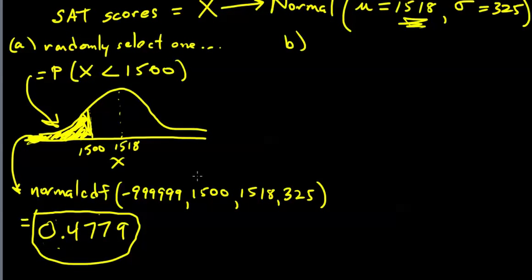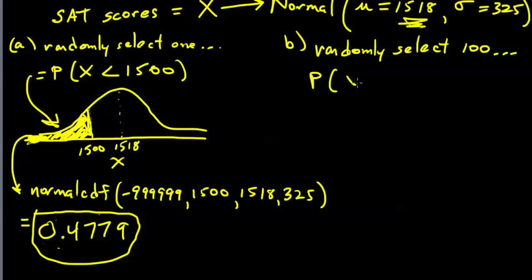What about 6.5? Well, part B talks about section 6.5. If we randomly select not just 1, but 100, we want the probability that the sample mean is less than 1500. Well, I can symbolize that like this.